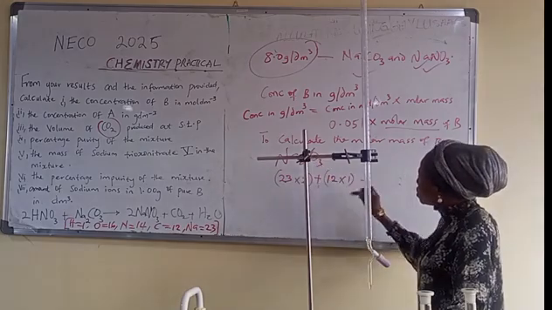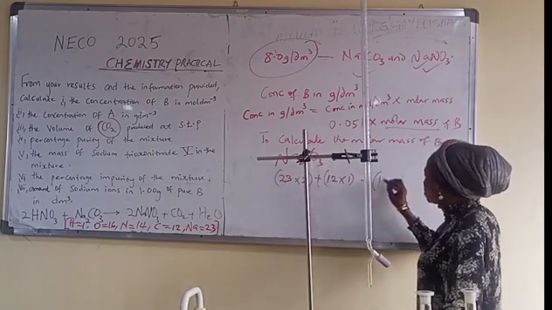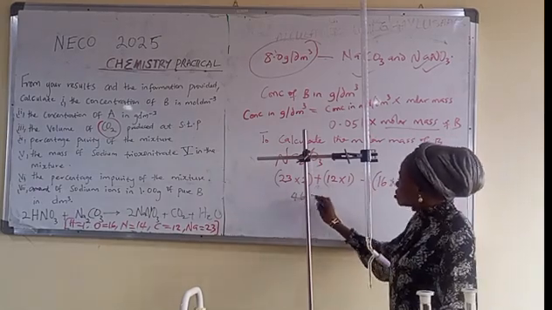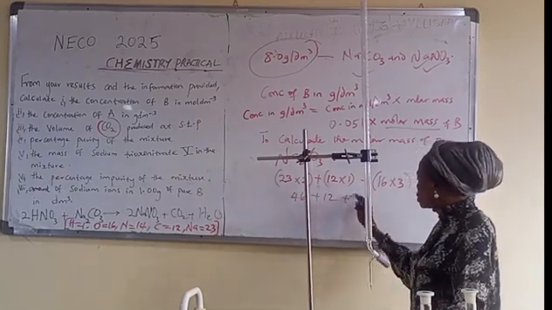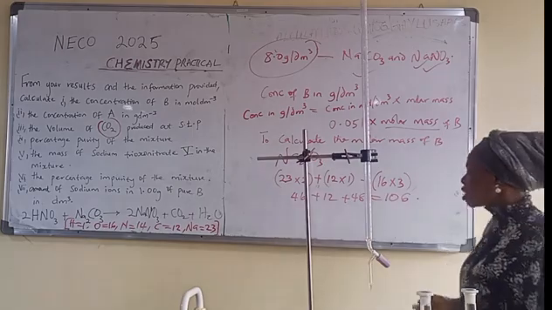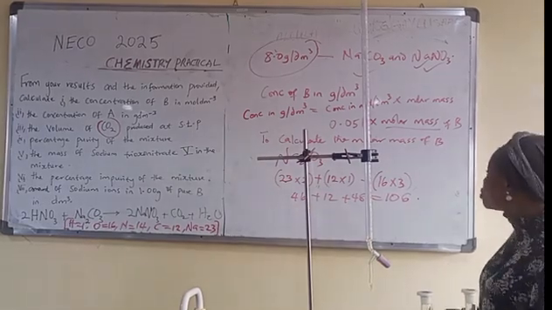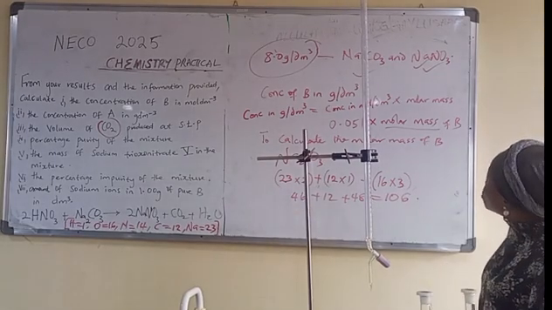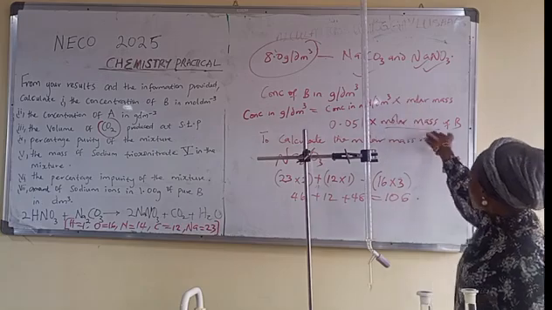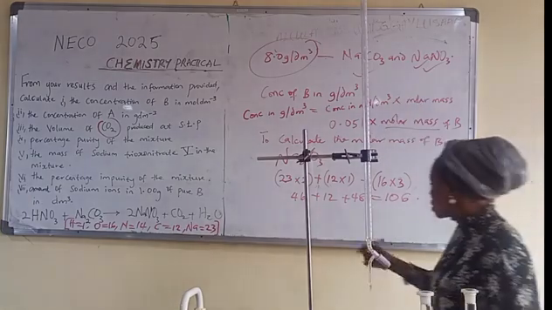Then plus oxygen 16 times 3. So this one we have 46 plus 12 plus 48. I think we have 106 for the molar mass of sodium carbonate. So you put in the values here, then you get your concentration in gram per dm cube.